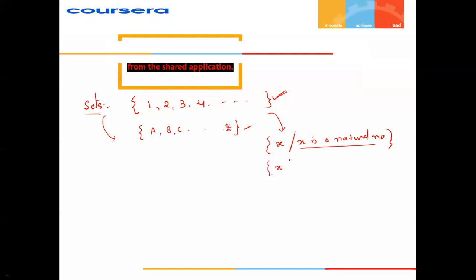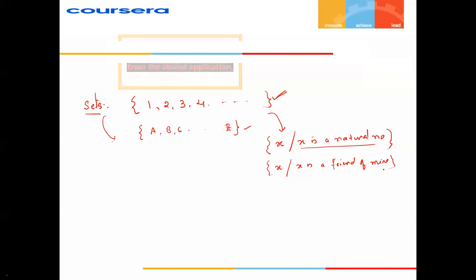Similarly, X such that X is a friend of mine. So one way is listing all the elements in the set, and the other is how the set is defined. These are the two kinds.